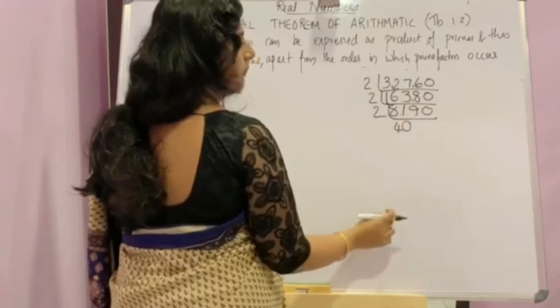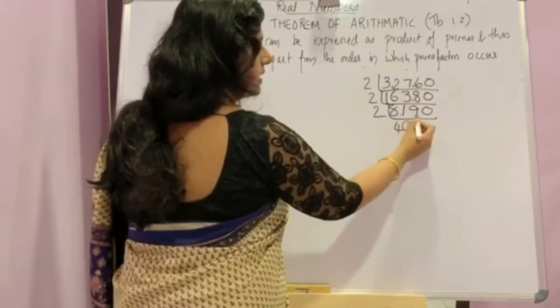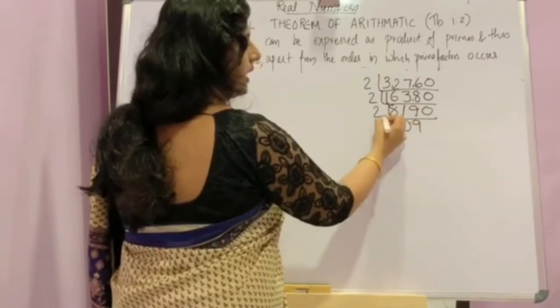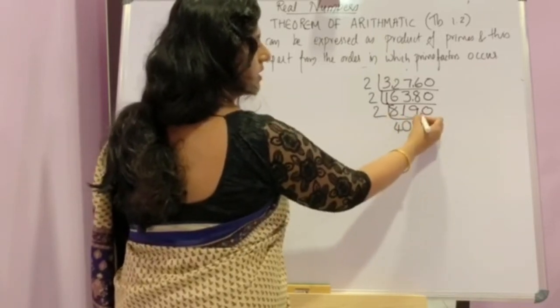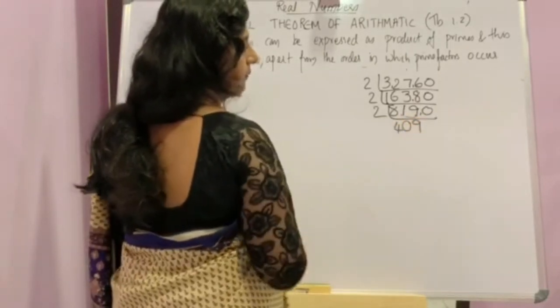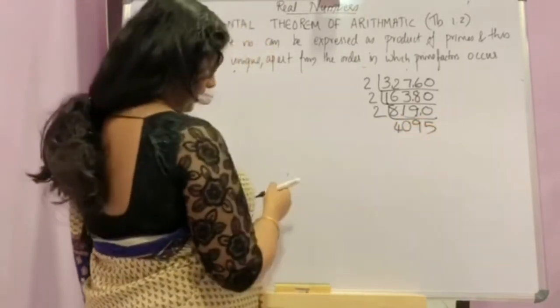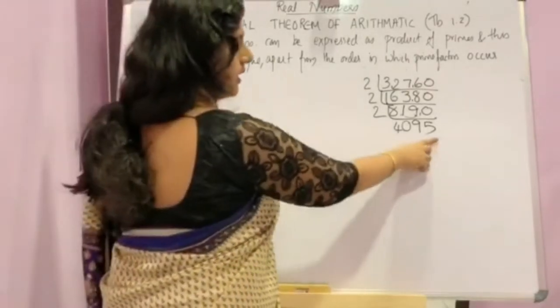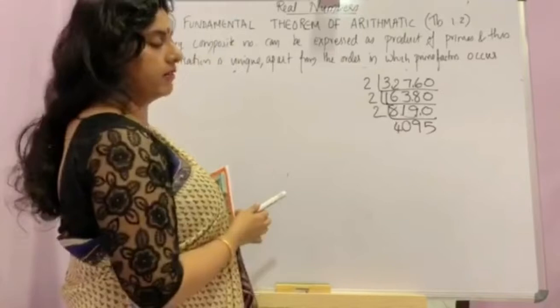In 19, 9 twos are 18 and balance is 1. Then this becomes 10. 5 twos are 10. Now this is not divisible by 2 because the unit place is 5.